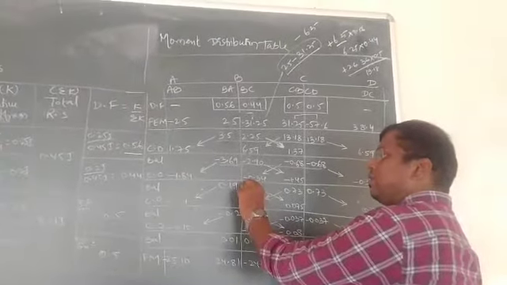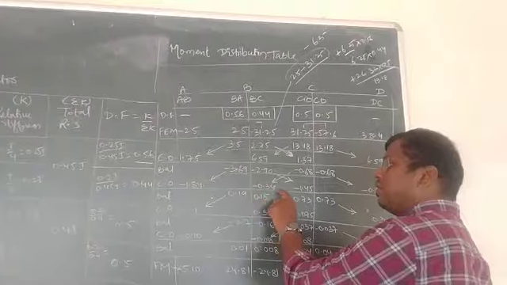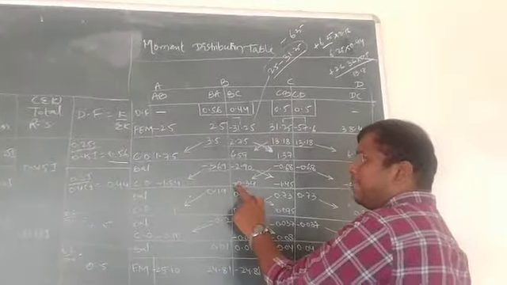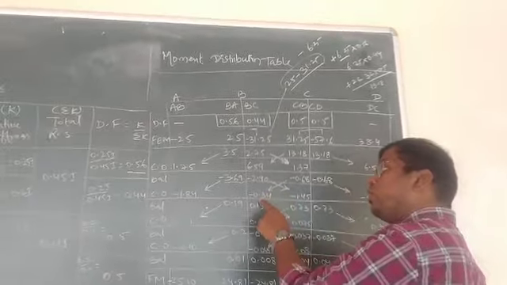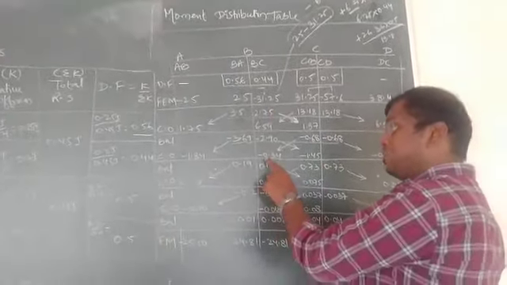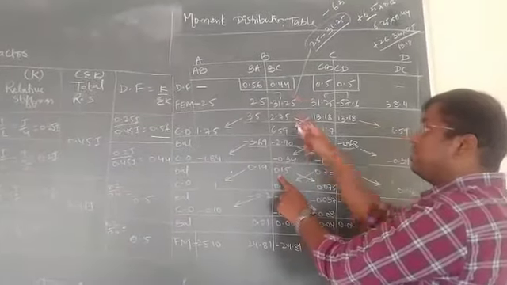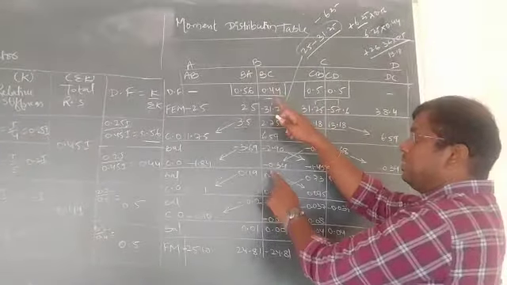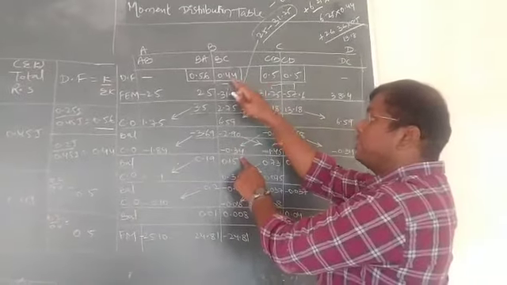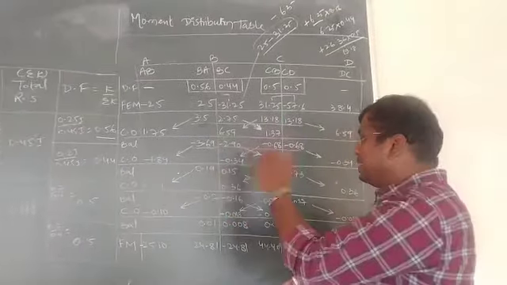Now look at here, minus 0.34 is a moment which has to be balanced. To balance it, I need plus 0.34. Plus 0.34 multiplied by 0.56 is 0.19. Plus 0.34 multiplied by 0.44 is 0.15.